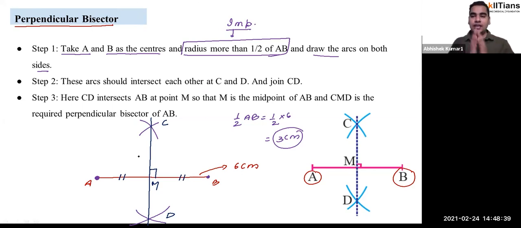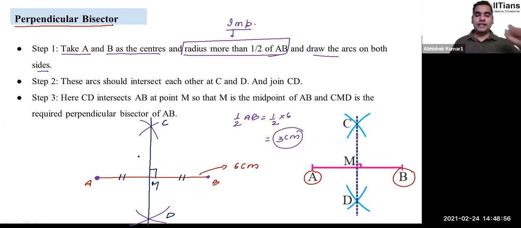Just to tell you one important point which might help you in competitive examination, if you choose any point on this line CD here, then that point is always going to be equidistant from both the ends of this line segment AB.